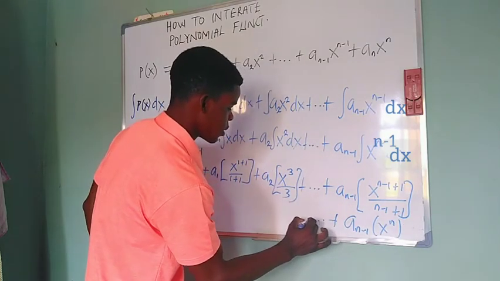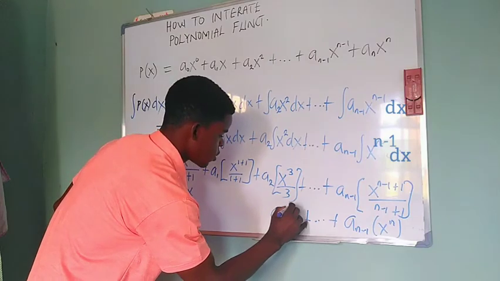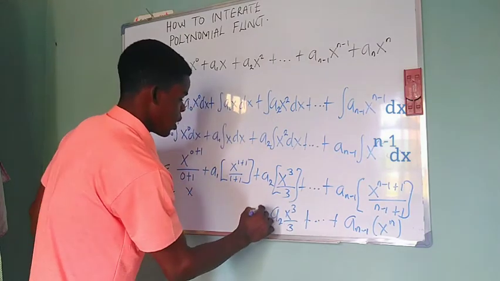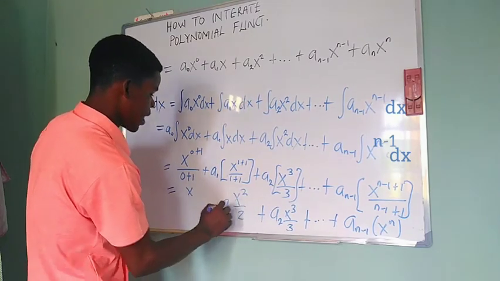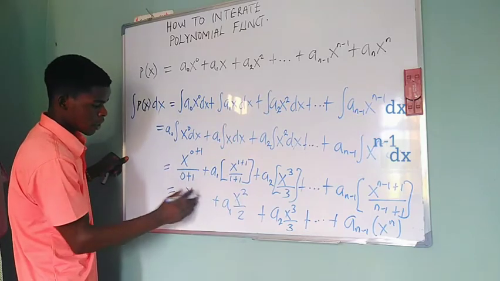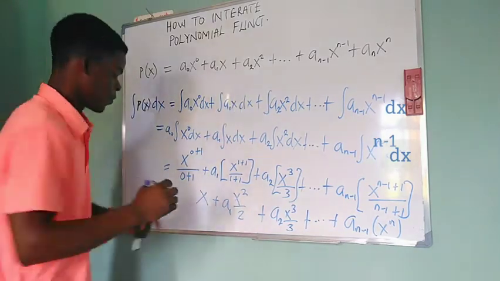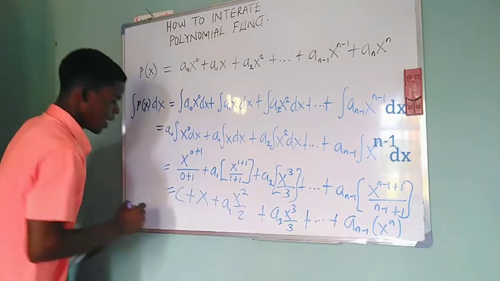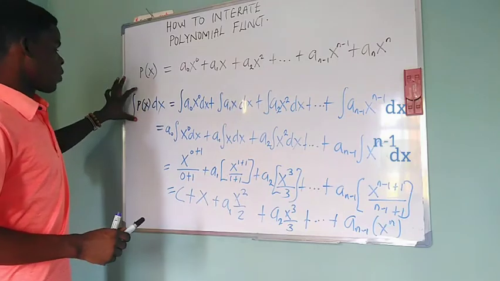Plus, here is just a2 x to the third degree divided by 3, plus x to the second power divided by 2, times that, this is just a1, plus, this is just x, like I told you, we write it properly. And don't forget to add your plus c. Like this, we have integrated our polynomial function.